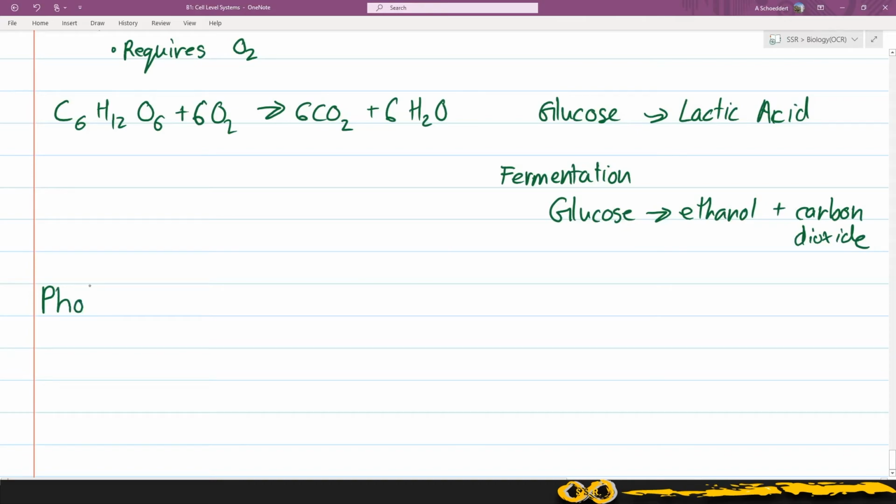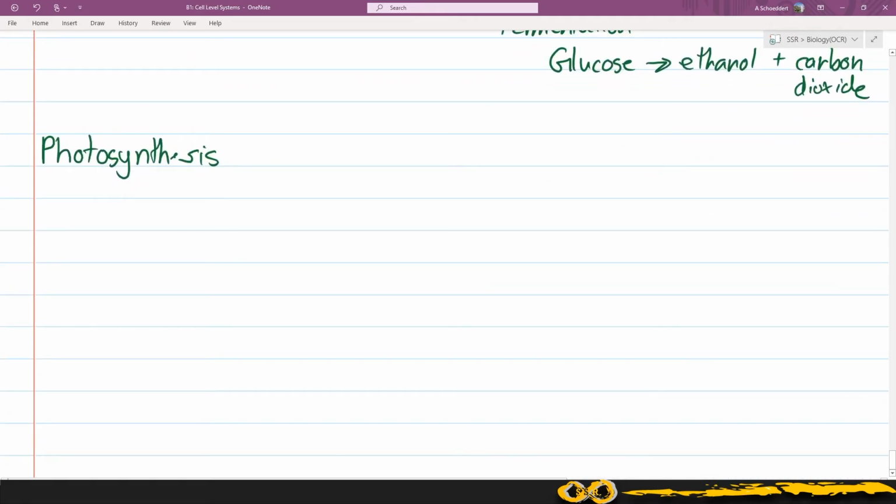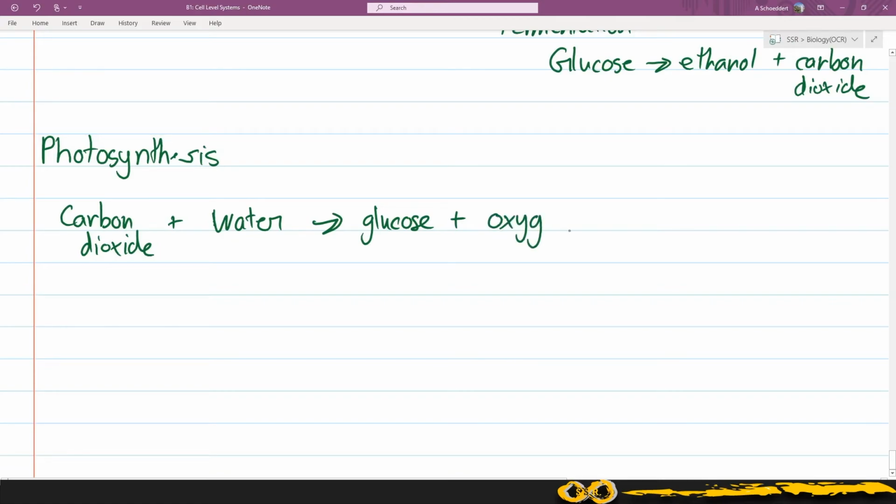The reverse of the respiration reaction is known as photosynthesis, and this is the reaction that happens in plants. The photosynthesis reaction is exactly the opposite. So carbon dioxide will be reacted with water, and this will produce glucose and oxygen.